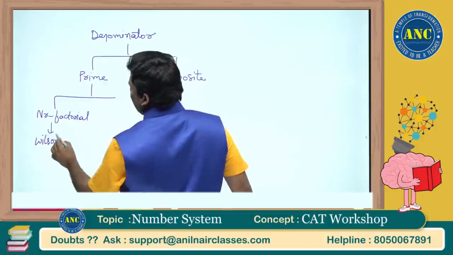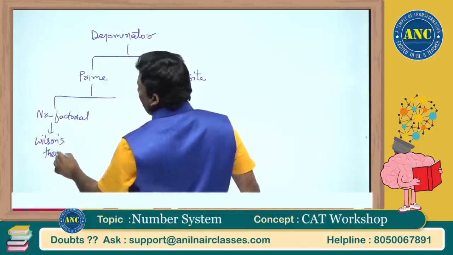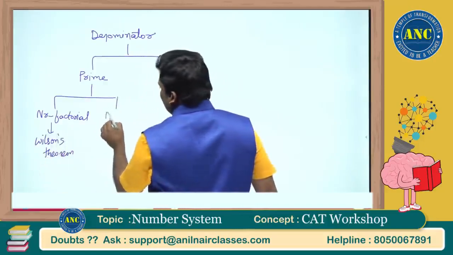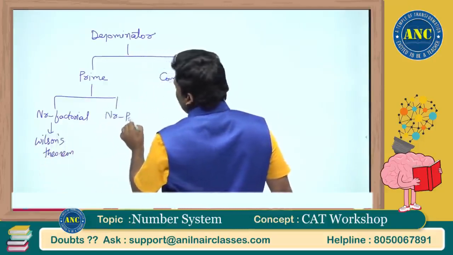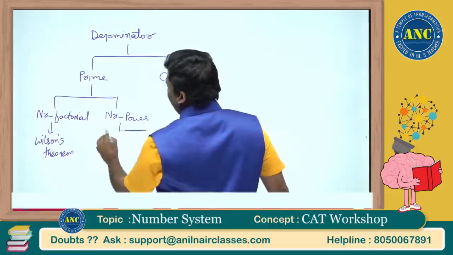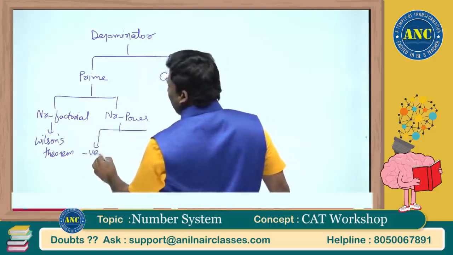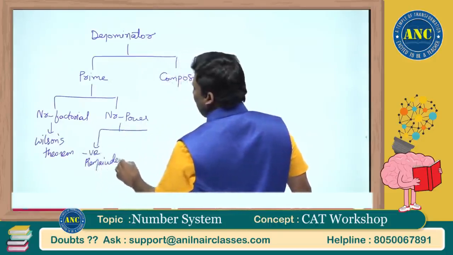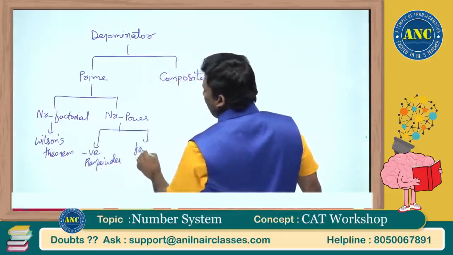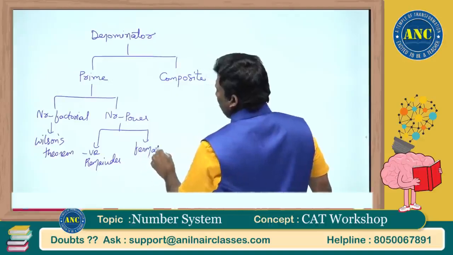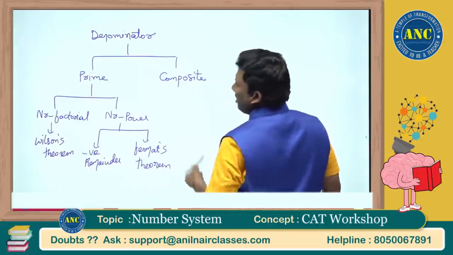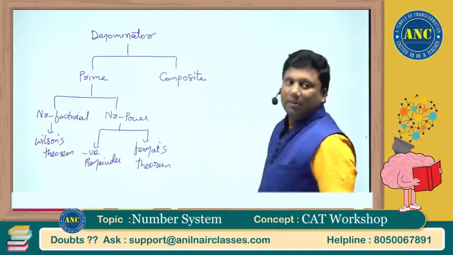If the numerator is a power, then you can use negative remainder. If negative remainder is not giving you the answer, then you have to use Fermat's theorem. This is the flowchart to solve the problems. Not a single doubt, you will get it in my class.